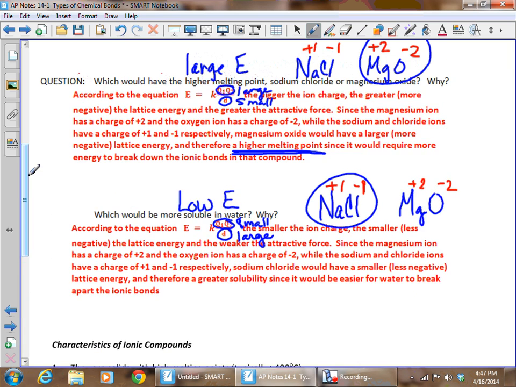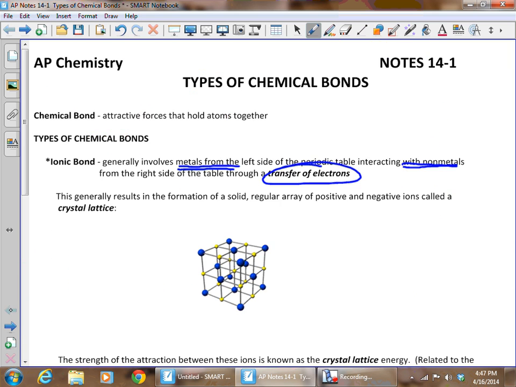If you look back, I guess it's back on this other page, if you look back here and you think about hammering this lattice structure, keep in mind that all of these blue and yellow little spheres are positives and negatives attracted to each other.